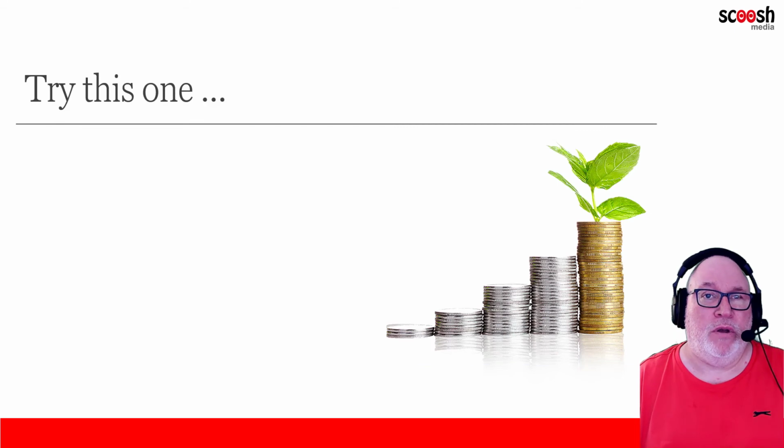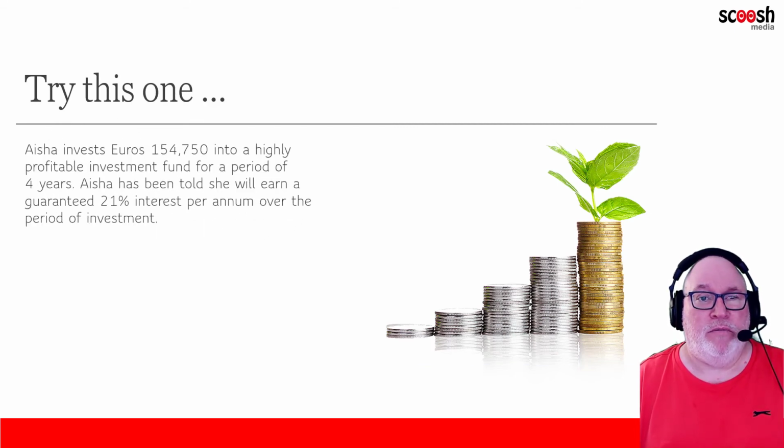Right, what I want you to do is give this one a wee try. Now, Aisha, she's lucky enough to have this amount of money. She has euros 154,750 and an investment into a very profitable investment fund, for a period of 4 years. She's been told that she's going to earn 21% interest per annum over the period of the investment.